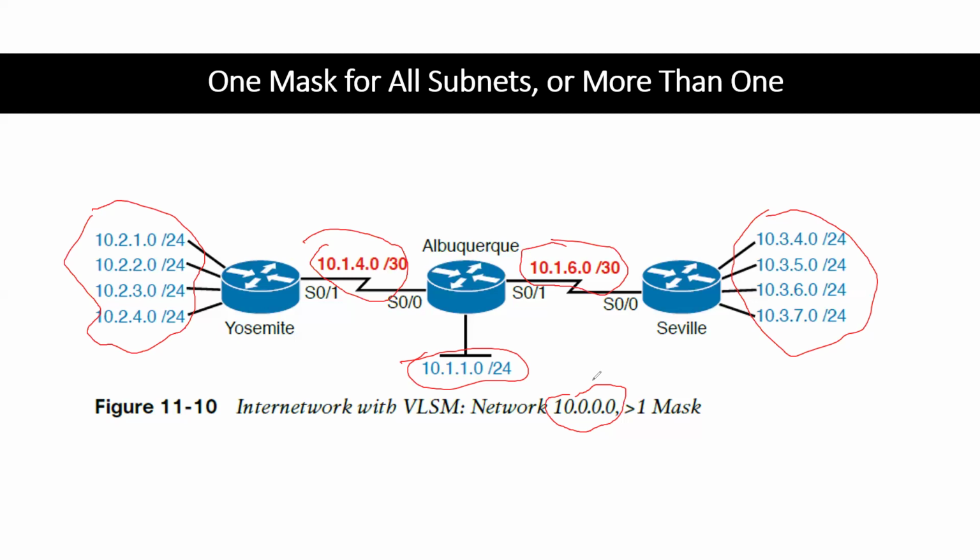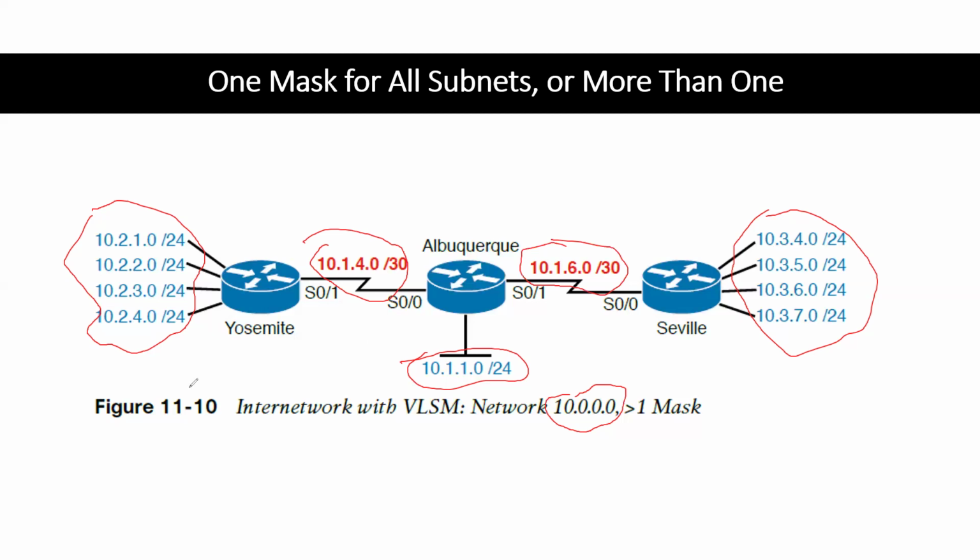We absolutely have room. This is the power of variable length subnet mask. It answers the question of whether there is a subnet mask for just one subnet, for all subnets, or more than one. Variable length subnet mask enables us to do so.